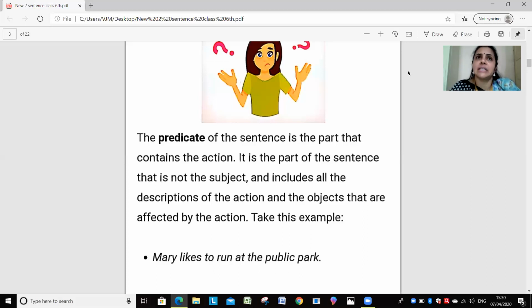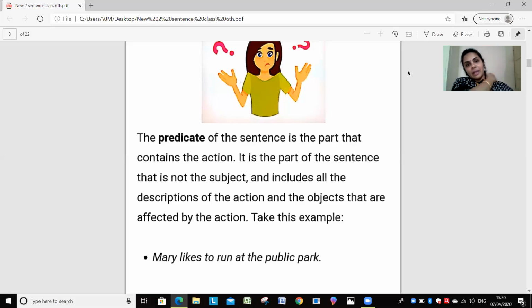For example, if I say Ram kicks a ball, okay, so Ram is the doer of the action, of course. Kicks is the action done by Ram, and what is being kicked? A ball.